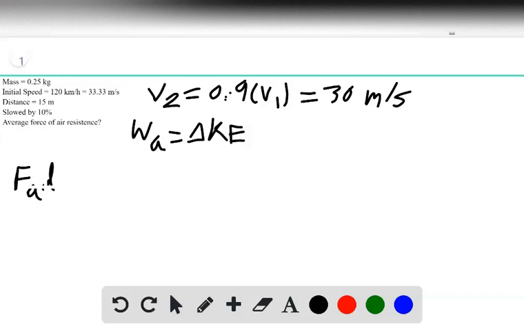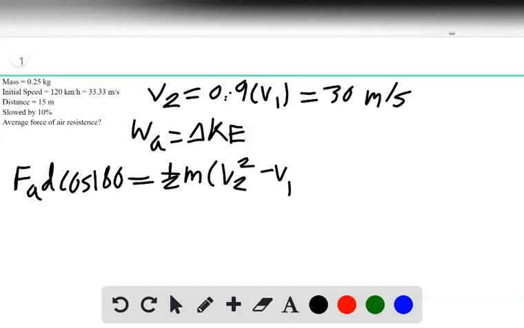Air is trying to slow the ball down while it's moving, so it's going to be in the opposite direction of motion. So it's going to be cosine of 180 equals the change in kinetic energy, which is just going to be 1/2 m, and m's not changing, so we can do v2 squared minus v1 squared.